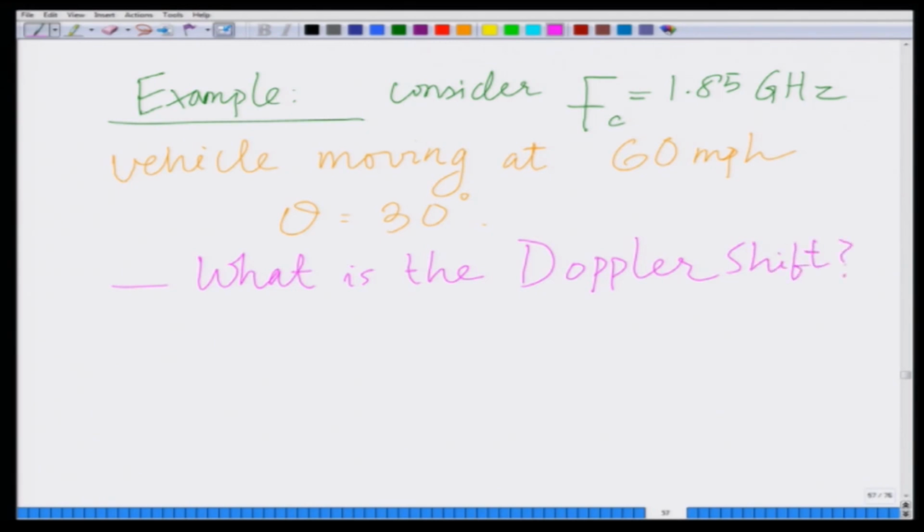The questions we would like to ask are: what is the Doppler shift and what is the received frequency?